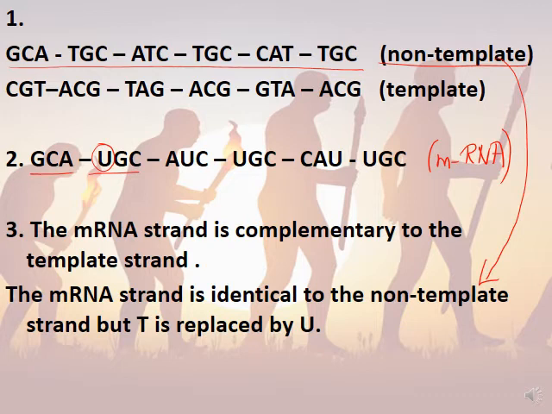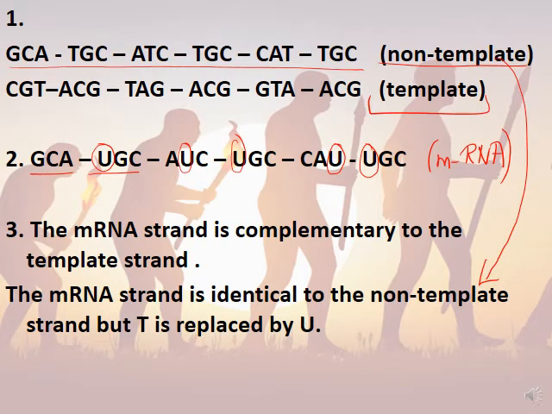ATC, A is A, T is replaced by U, and C is the same. T is replaced by U, and we have GC, GC, C, C, A, A. T is replaced by U. Also T is replaced by U, G, G, C, C. This is the mRNA.